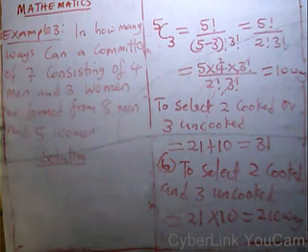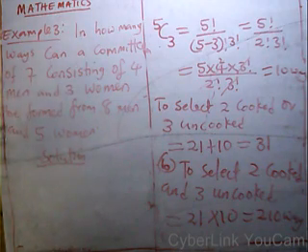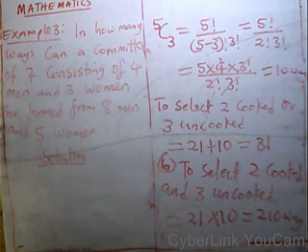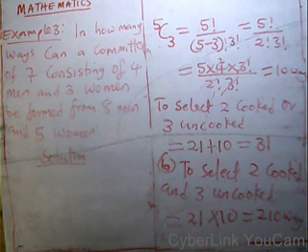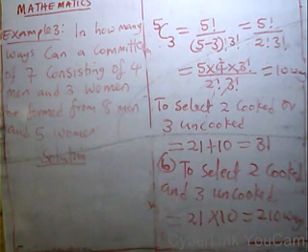Now, we want to form a committee that will consist of 4 men and 3 women from a group that has already consisted of 8 men and 5 women. That means that you want to select 4 from 8 for the men, and you want to select 3 from 5 for the women.